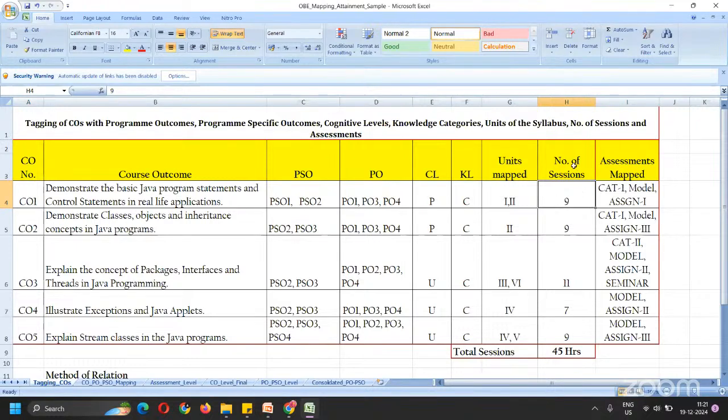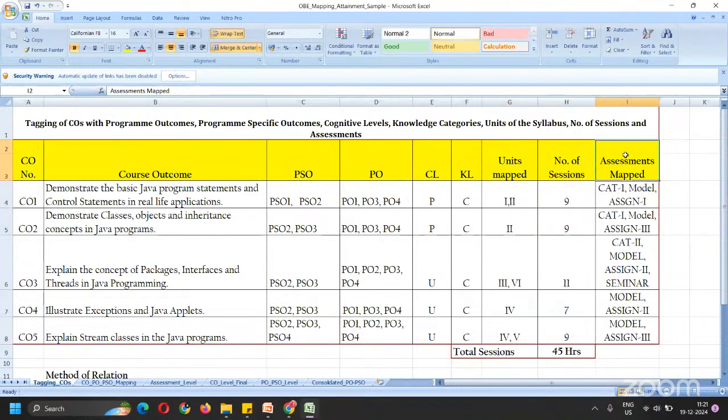Altogether, it has to match the total number of hours given in your syllabus. If it is 45 hours or 60 hours, then your distribution of sessions has to total that across all your COs. This is the next level of tagging you have to do while going for mapping and attainment.